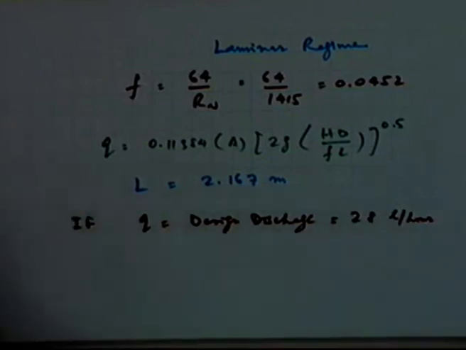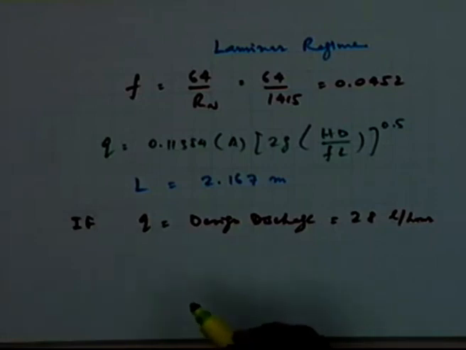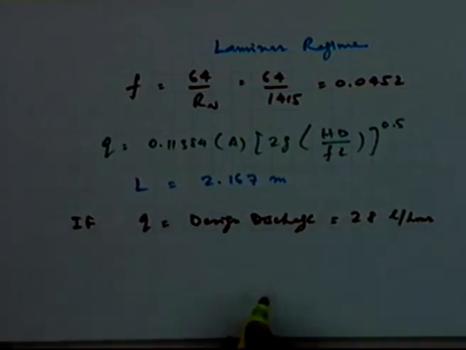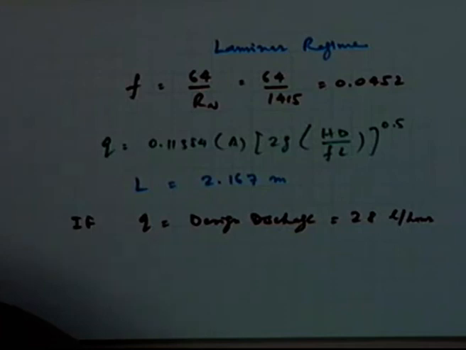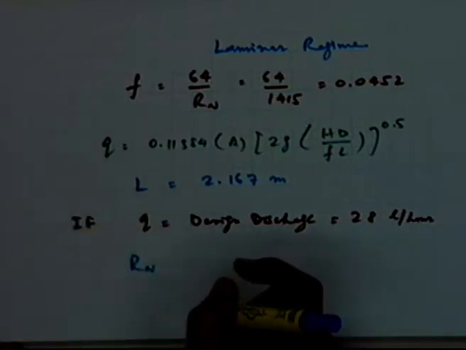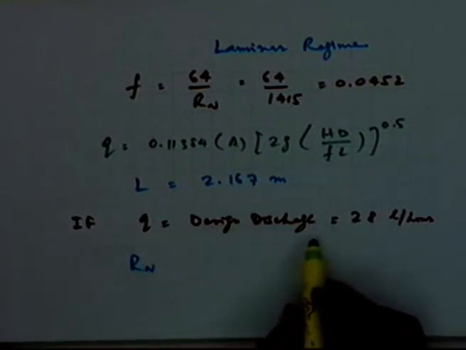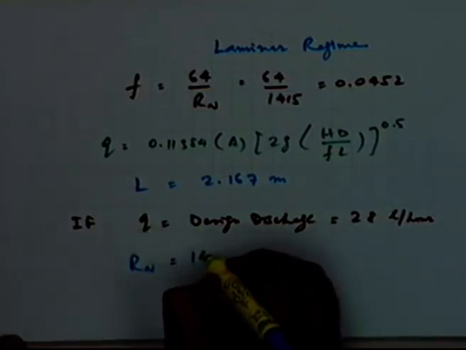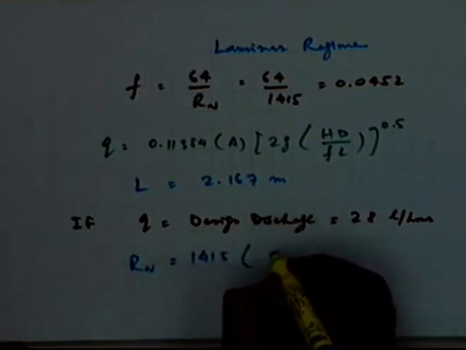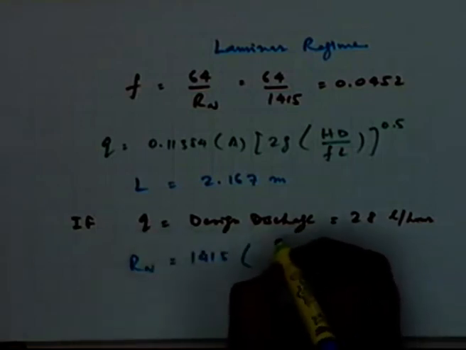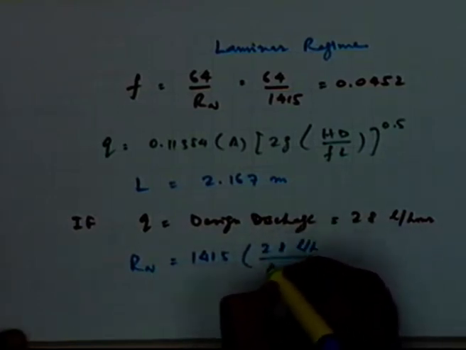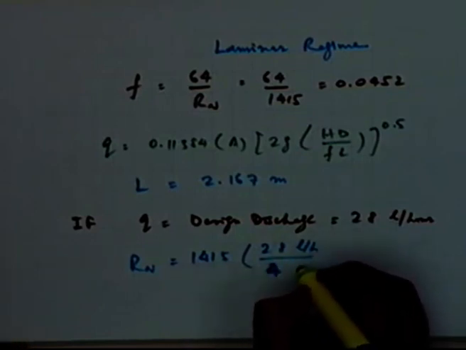With this high design discharge, if you want to find out now what will be the change in length, you can find out the Reynolds number, and since the Reynolds number is a linear function of the velocity, which is again a function of the discharge, you can directly find out the Reynolds number for this particular velocity, which will be prevalent at that time, for the discharge of 28 liters per hour, by using this proportionality.